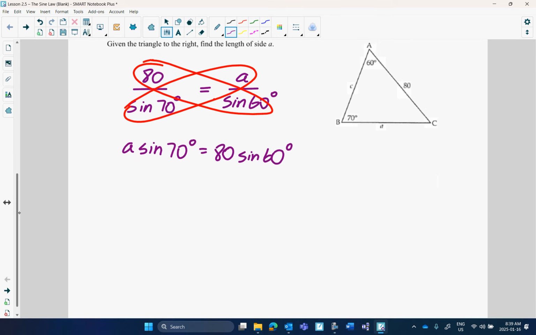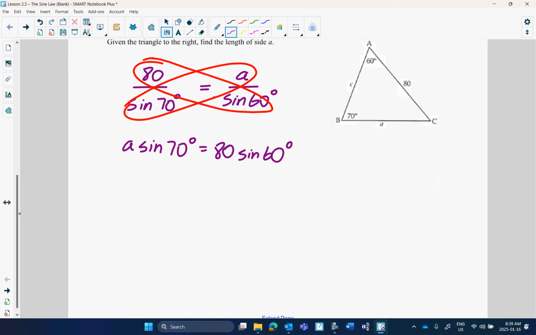Well, we want to get a by itself. Right now it's got a times sine 70 with it, so we've got to divide by sine 70 to get rid of it. Which means I've got to do the exact same thing to the other side. And now I've got it set up to use my calculator. To find a, I'm going to do 80 times the sine of 60, and I'm going to divide that result by the sine of 70.